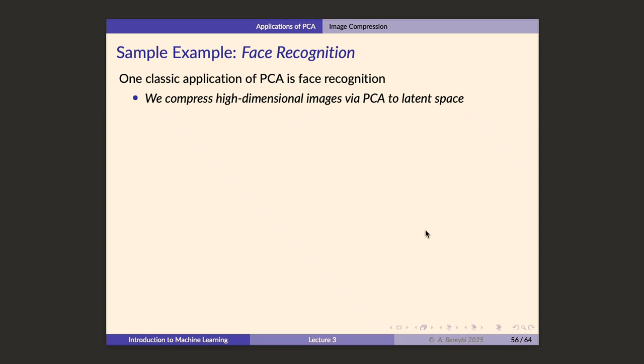Because when I look forward, I have some pixels, but once I change my direction, or if I change my gesture, all the pixels are going to change, so it's going to be different. One of the key ideas that helped us do this was PCA. The idea was that I start with this image, which is in very high dimension, and then I compute the principal components of that one, which is in a very low dimension.